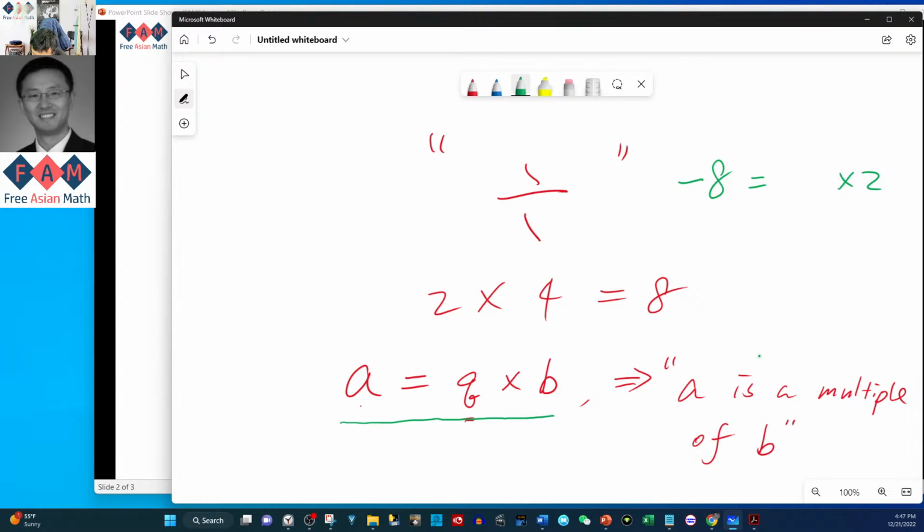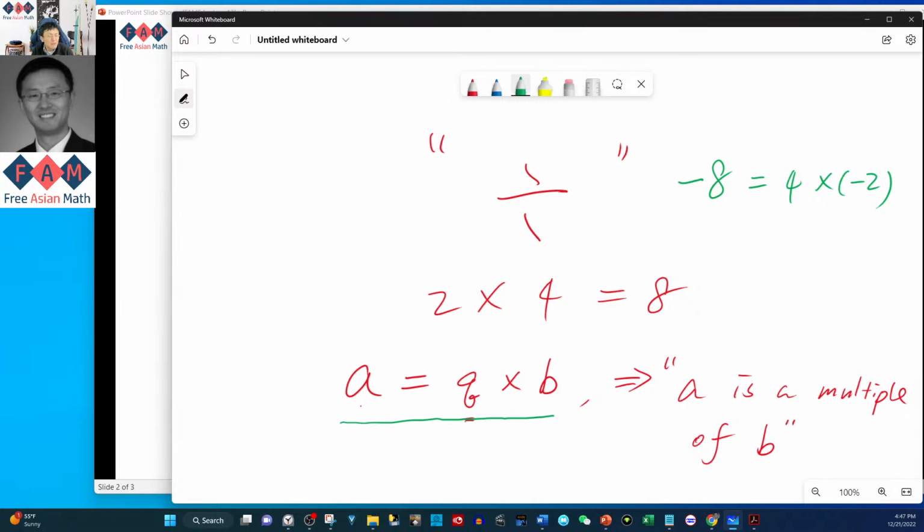Conversely, it's also true if we have 4 times negative 2; we will say negative a is a multiple of negative 2. So whether those numbers are positive or negative does not really matter.